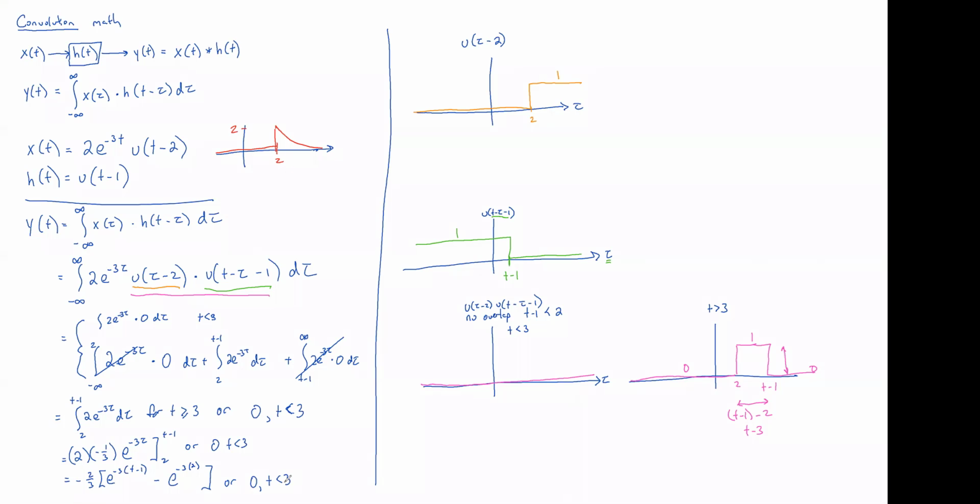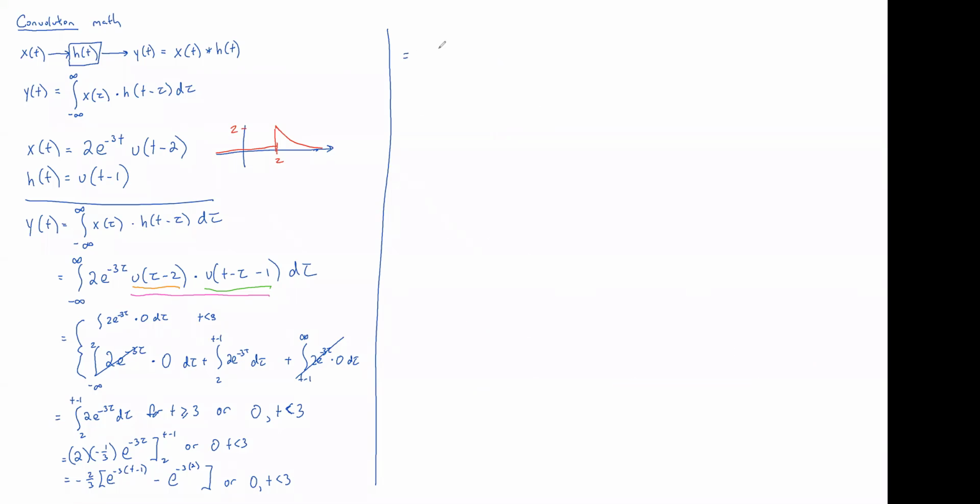So I'm going to clear off the right side and continue this on. So this is equal to minus 2/3. Now just some basic algebra. We've got e to the minus 3t plus 3 minus e to the minus 6. And that's true for t greater than or equal to 3.